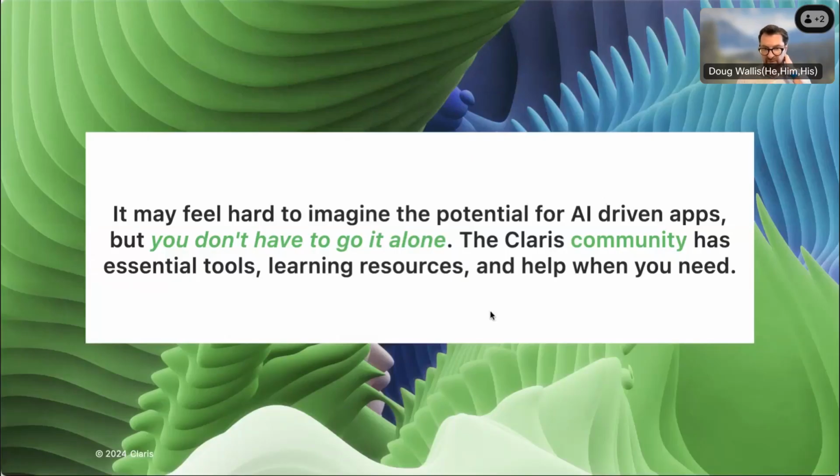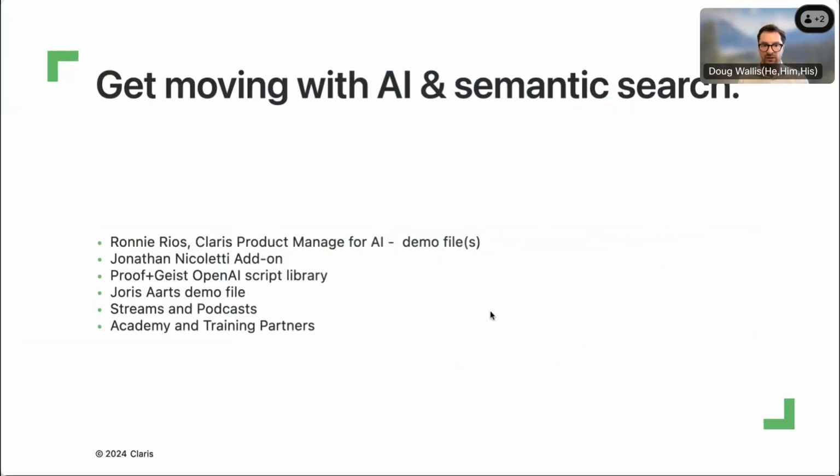Very quickly, again, the messaging on AI, which is why we're having a community live session next week on AI, and there's a lot of information on the community and various forums. We want people to be aware that they don't have to go alone on the journey of leveraging the potential of AI in their apps. There's a lot of great stuff that's been done.